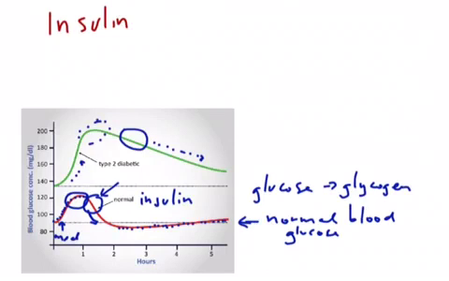So diabetics who can't make insulin have to inject insulin into themselves, or they'll have an insulin pump, which is permanently connected into their bloodstream, which will put insulin into their blood to control their sugar. And if diabetics have too little sugar in their blood, they'll have to eat sugar lollies that can boost up their sugar levels.